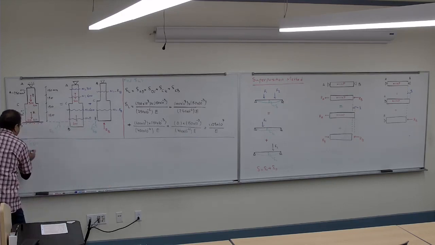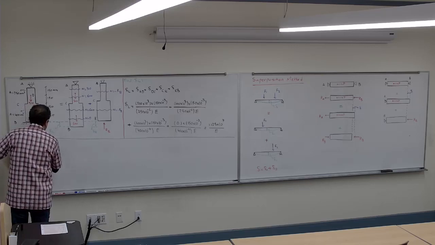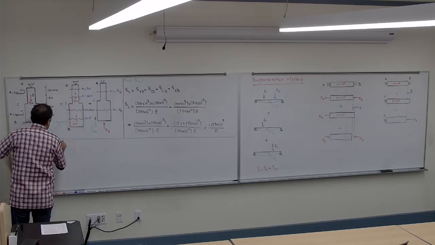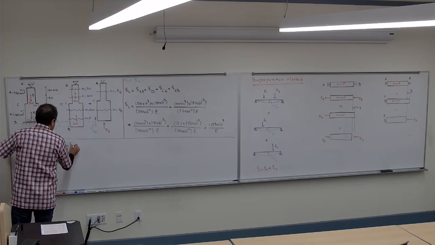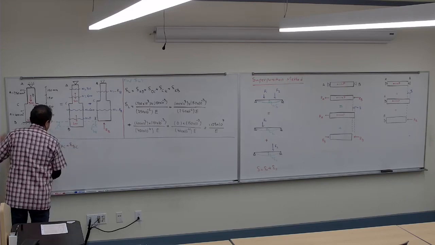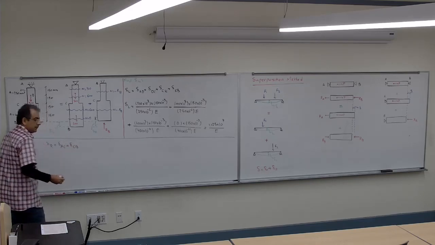Here, if I want to write that the delta R is going to be the delta AC plus the delta BC, or CE in this case. Right?